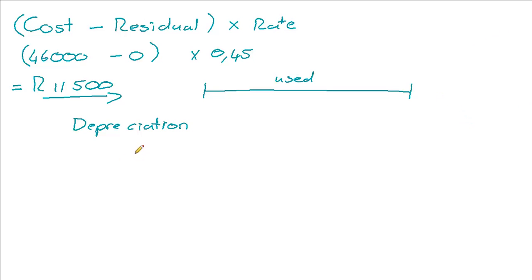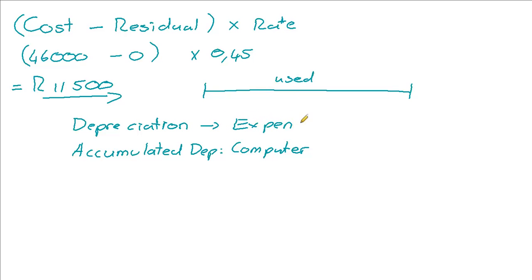And then we know that since we've used an asset, the value of the asset is going to decrease. And the way that we're going to decrease the value of the asset is not by using the computer equipment account, but we're going to use the negative asset account, which is called accumulated depreciation computer. I'm just abbreviating there, but please don't do that in a test or exam. Depreciation is an expense account. All right, because we've used something, it's an expense.